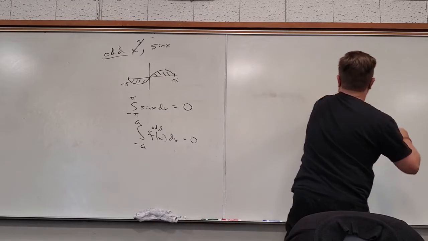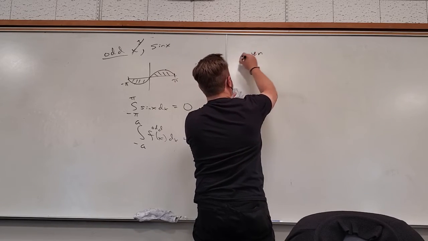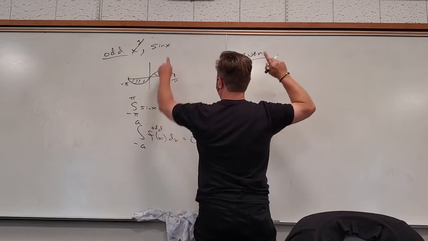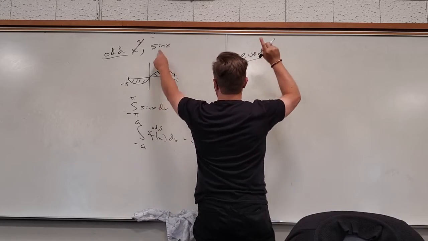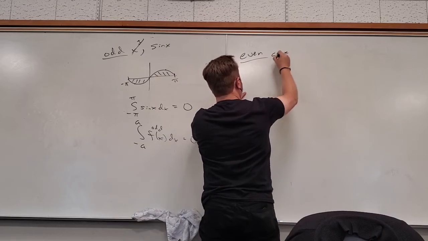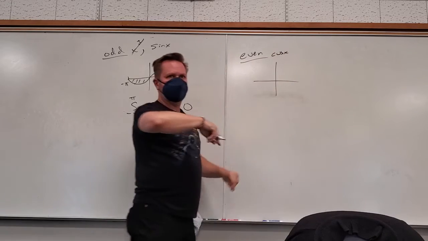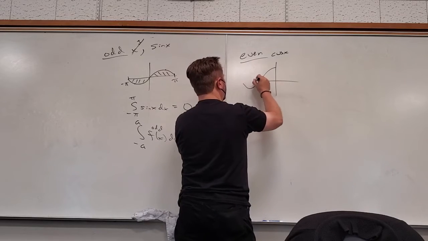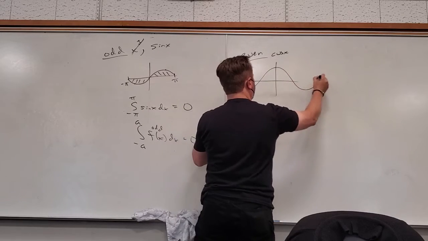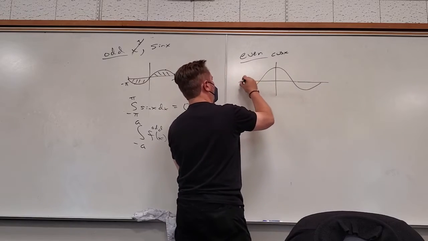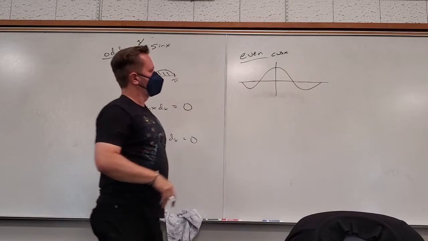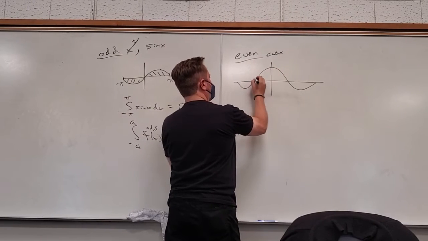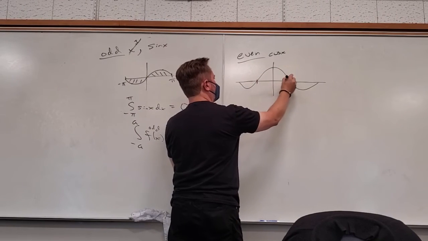So what about even functions? What's a trig function that's even? X squared. Probably, no. A trig function that's even. Probably cosine. And again, the idea of even is the y-axis is the mirror, right? So cosine looks like the octopus, or whatever you like to call it. So let's say I go, what's this?